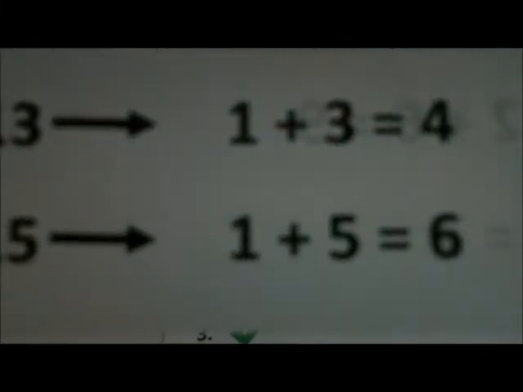Let's try 13. If we add 1 plus 3, we're going to get a 4. 4 cannot be divided by 3, so 13 cannot be divided by 3 either. Then let's add one number, and we're going to get 15. If we add 1 plus 5, 6 is going to be the result, and we can divide 6 by 3. So we're going to imagine that we have 15 exams in this case, not 14.